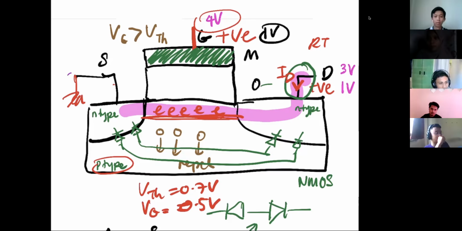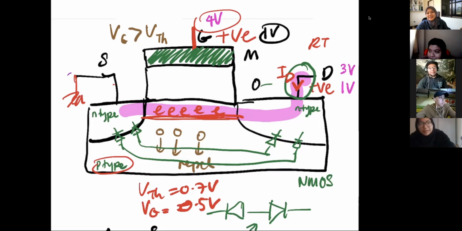I agree, madam, with Afiq on that one. Why do you agree? Why is the channel not increasing? Because we do not sample with the gate voltage. We only sample with the drain. So only the electrons through the channel are moving, not in the P-type, and not in the body.